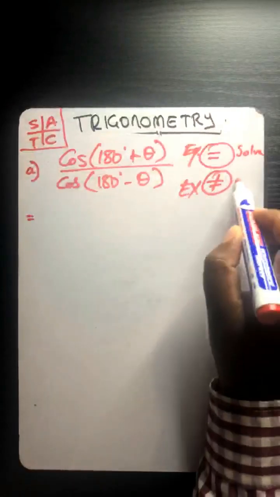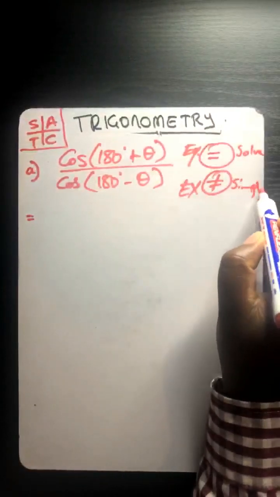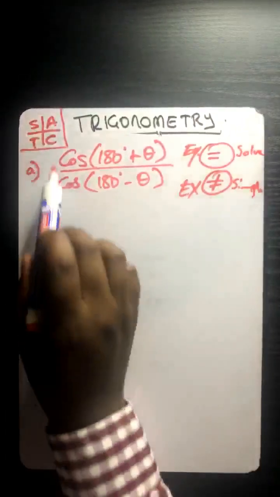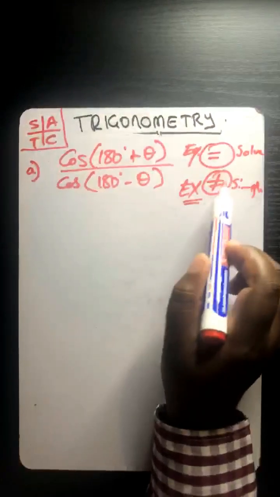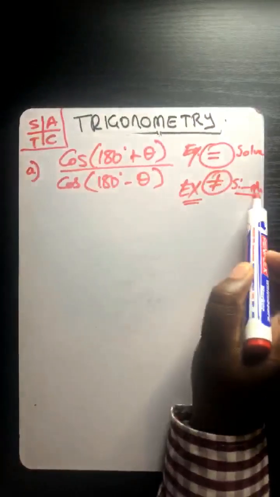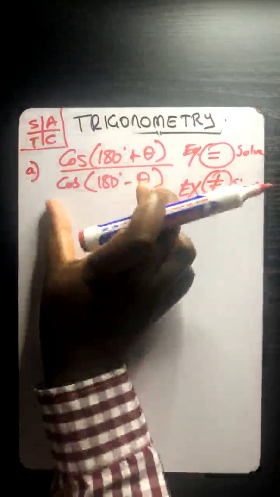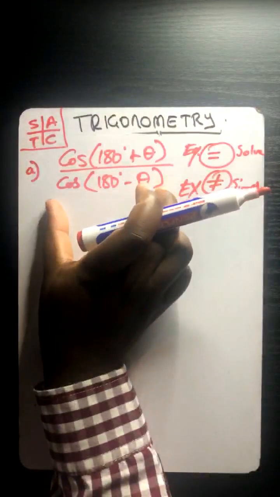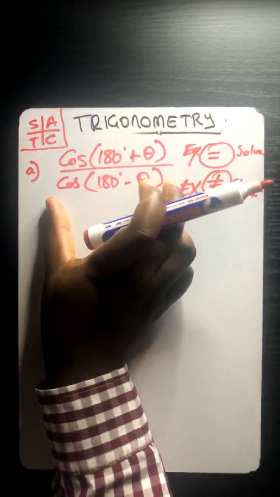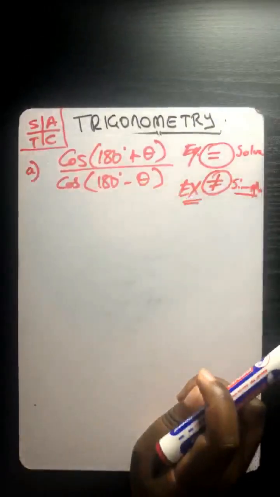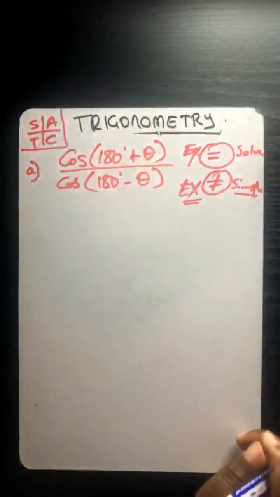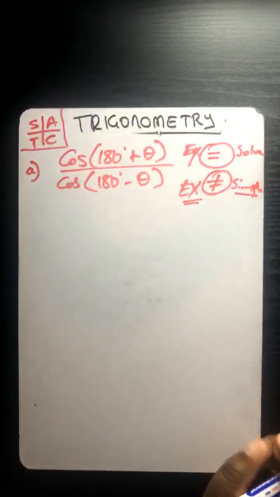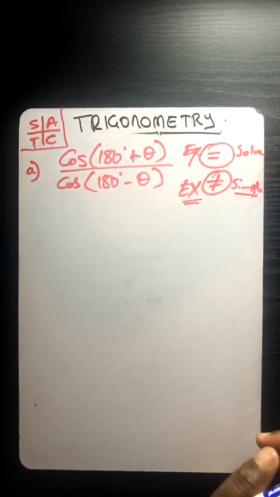But when you have an expression, you simplify. Since this is an expression because I don't see an equal sign, I need to simplify. The examiner assumes it to be complicated, so you need to write it in its simplest form. And what I like about simplify is that you can always prove if your final answer is wrong or correct.